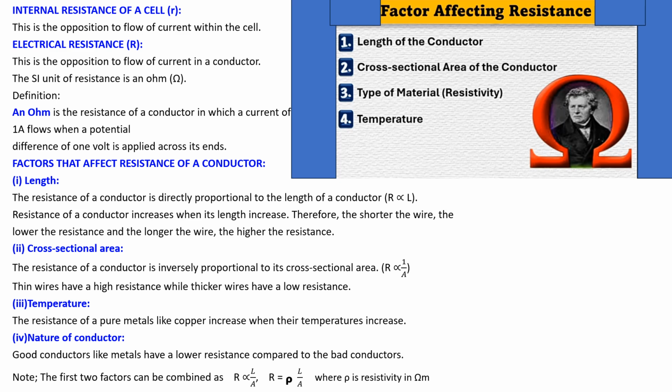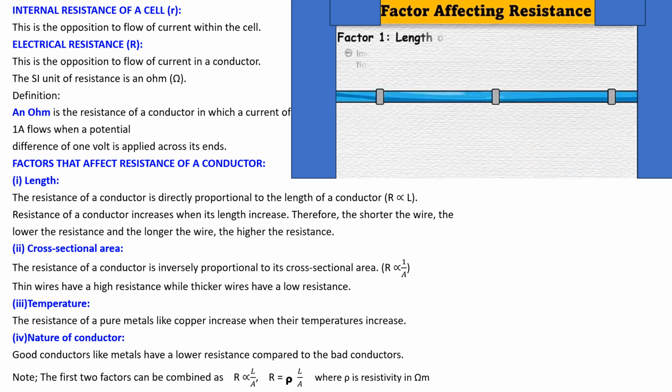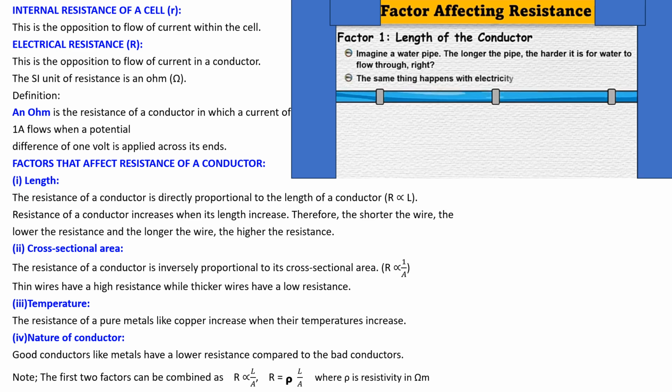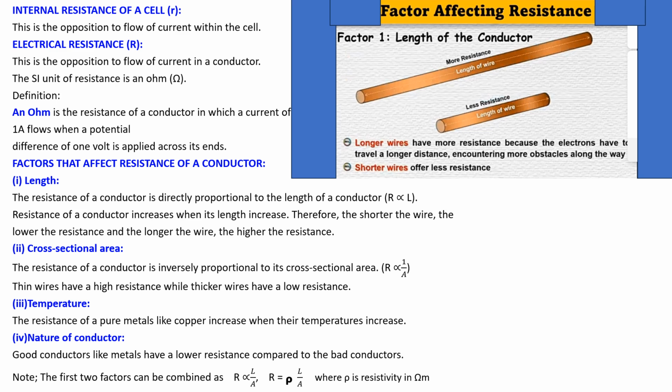Let's just watch how they affect the resistance of the material. This experiment was done by Ohm. So let's look at the length of the wire. Increasing the length increases the resistance as the electrons travel a long distance. Imagine a water pipe of that caliber. Let's first repeat this.